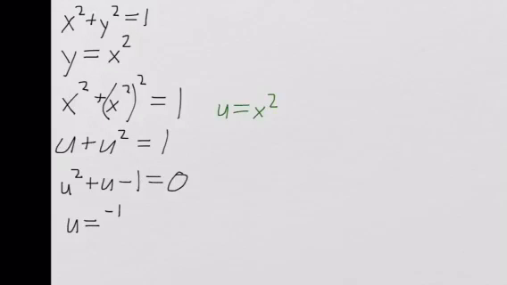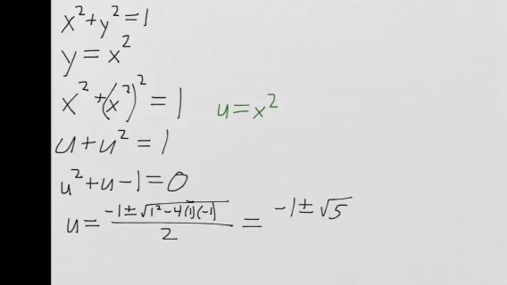So negative 1 plus or minus the square root of 1 squared minus 4 times 1 times negative 1, all over 2 times 1. I won't bother putting the 1 there. So it ends up being negative 1 plus or minus the square root of 5 over 2.